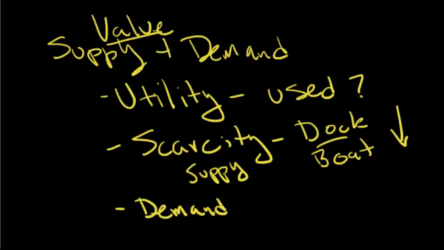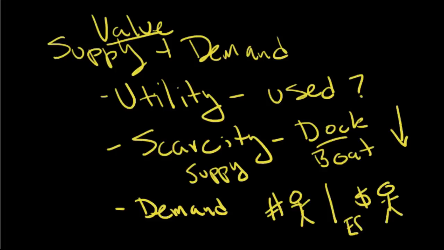Demand, we'll squeeze that in here, is the number of people who actually want the property. And then there's another aspect to that too, because there might be a lot of people who want the property, but only a few people who can actually afford it. That's called, and we're running out of space here, but I'm going to just write it down here so you can see it, effective demand.